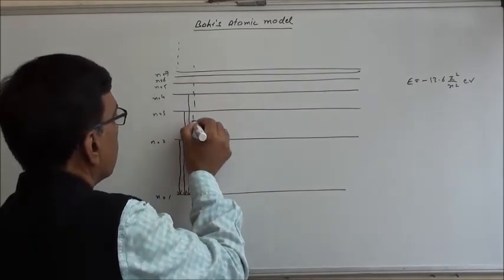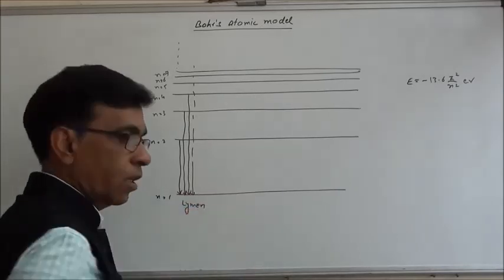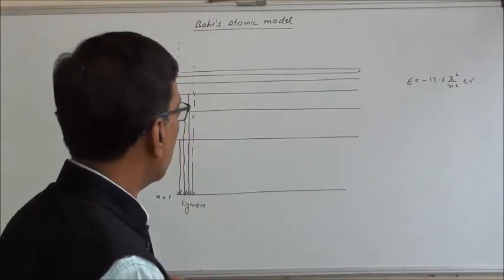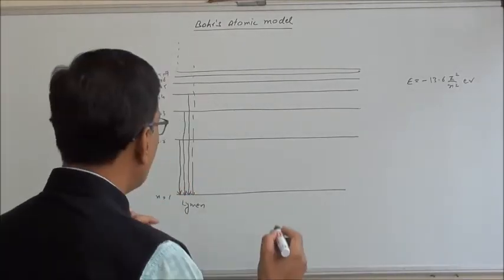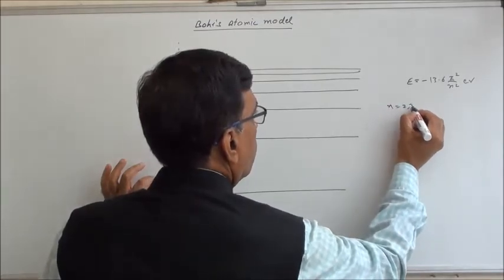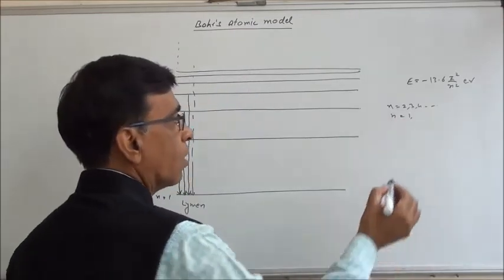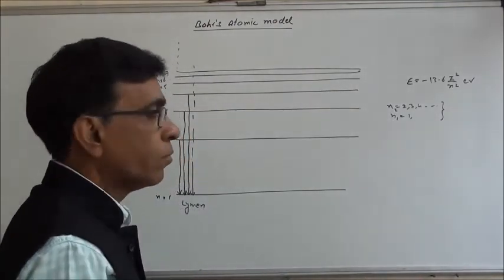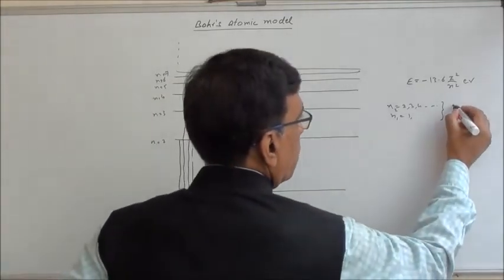So in Lyman series, the electrons are coming from 2, 3, 4, 5 to 1. All these radiations will have different wavelengths.